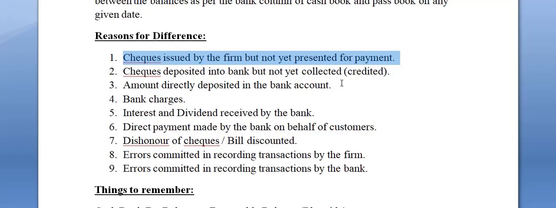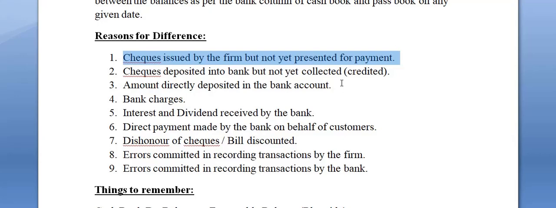But in reality, the bank balance has not been decreased. Why? Because the person to whom you issued the check has not presented it for payment. So at that point of time, there may be a difference between the cash book and the passbook, okay.